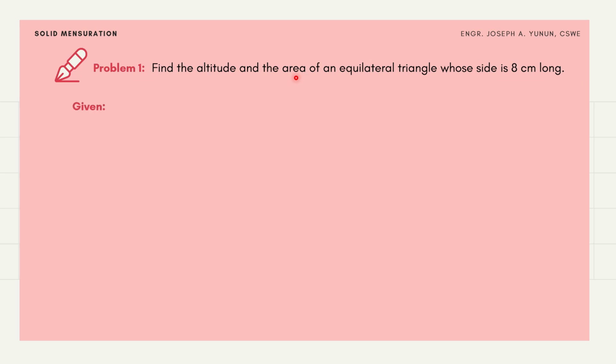Based on the given, you have an equilateral triangle, which by definition has all sides equal. Then you can simply draw that given equilateral triangle. Use your imagination. Let's draw a triangle whose side is given as 8 centimeters long.